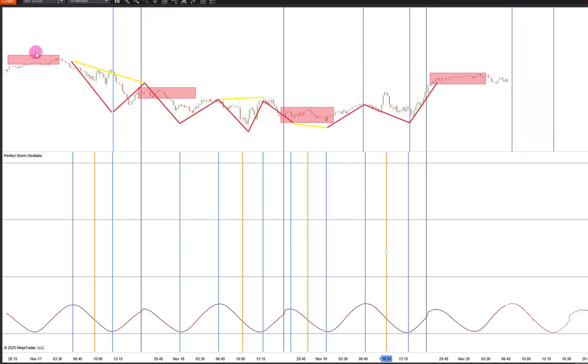The rectangles that I have marked here are the quiet times, and I consider the quiet times to be from the close of the day session around 4:35 p.m. until the action picks up again, usually between 2 and 3 a.m. Eastern time.